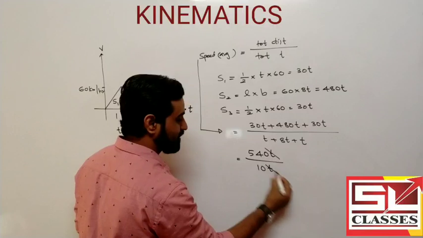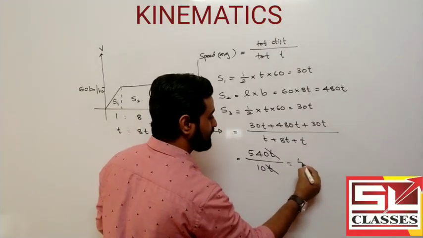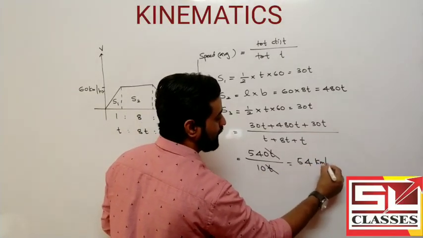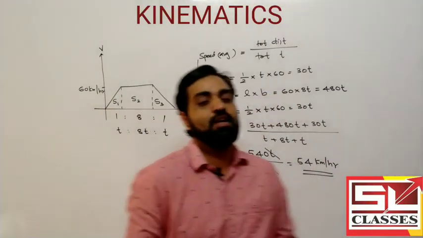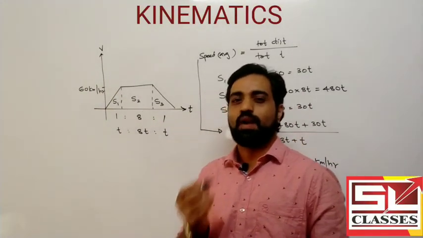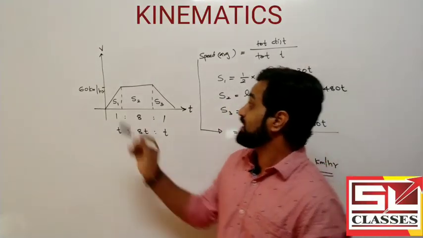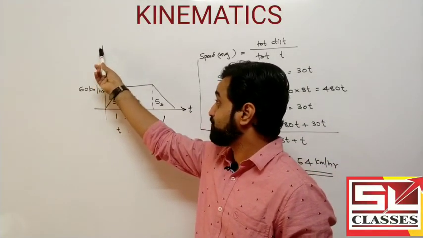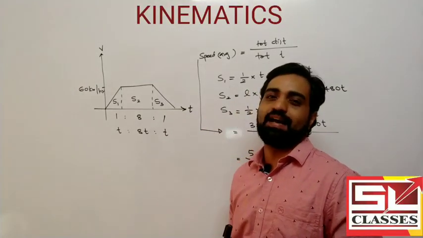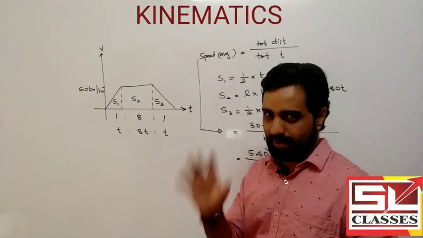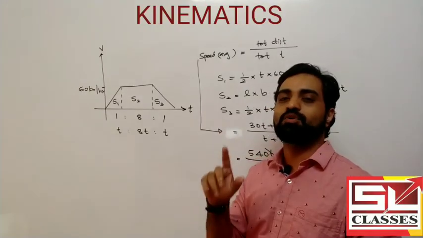We can cancel t. 540 by 10, so the answer will be 54 km per hour. That is a concept question. If you know the equation for average speed and what idea we have to get from the velocity time graph, then you can easily find the answer. Hope you can understand. Then we are moving to the next question.